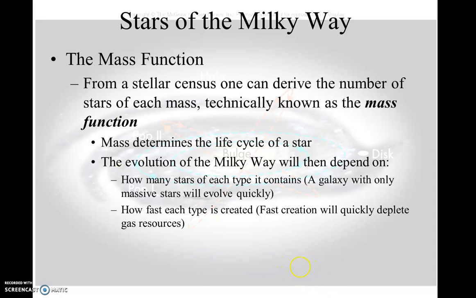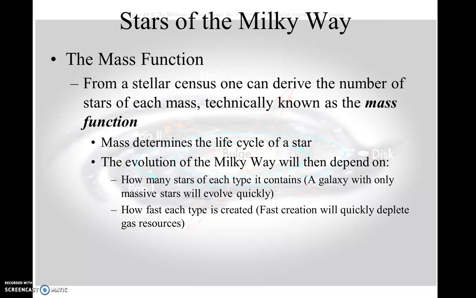This is a more technical thing. We're not actually going to do any equations with this, but there's a thing called the mass function, which is you've got to do the census, and then you have to figure out what the mass of each of those stars is, which of course is determined by the star's position on the HR diagram, right?